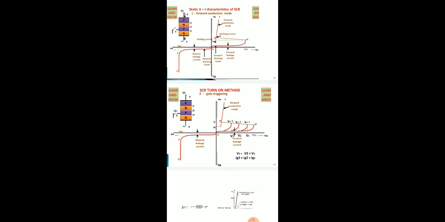If we apply the gate pulse, then it will take a smaller amount of voltage. So the amount of voltage at this current is less compared to the amount of voltage at this current. So this is the holding as well as this is the latching current. If the current is reduced below this holding current, then SCR will turn off.